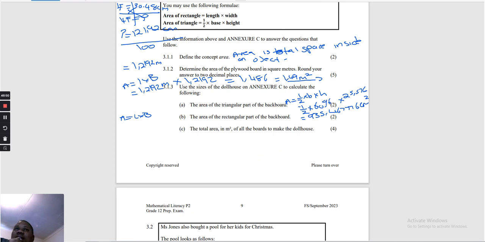So the final answer, that means it's going to change. So let's see how much is the final answer there. 1/2 multiplied by 60,96 multiplied by 25,576. The answer is 779.